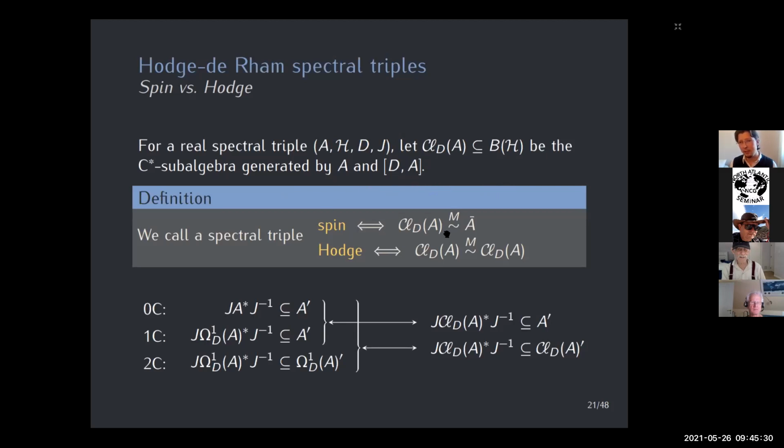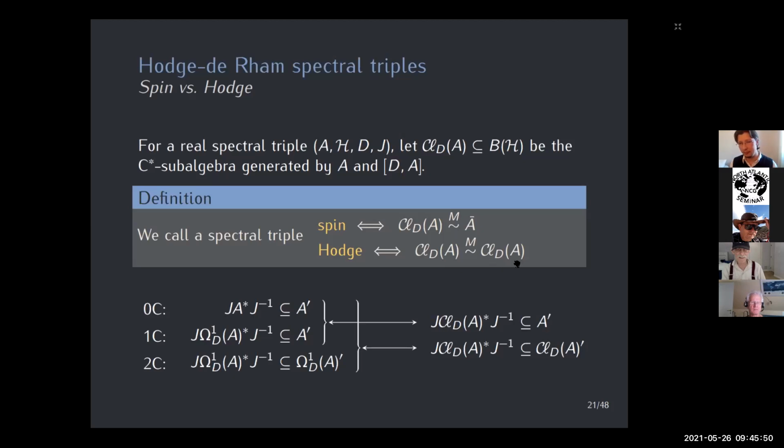The spin condition basically says that you have some Morita equivalence that's implemented between your non-commutative Clifford algebra and the C-star completion of A.